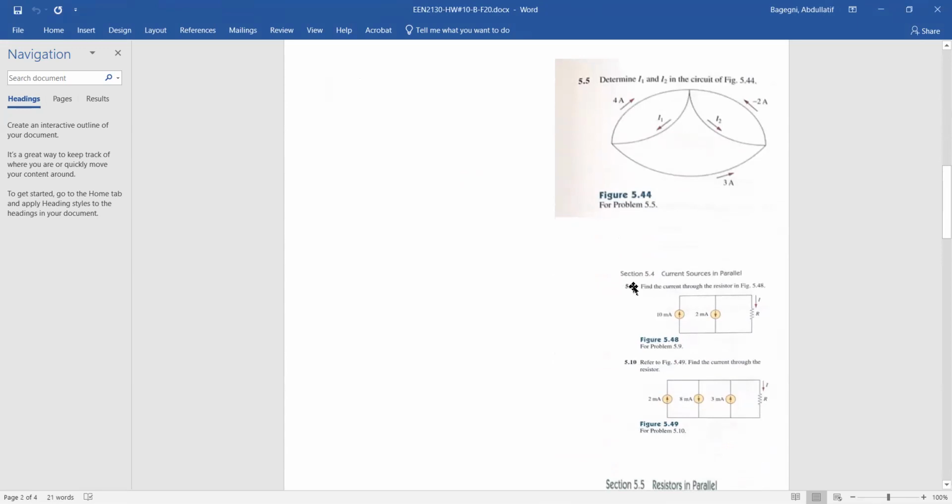So for 5.9, this is one node, so current entering the node is 10, and entering the node is also 3 milliamps. Current leaving the node is 8 milliamps and the I. Just a simple equation: move the 8, 13 minus 8 equals I.